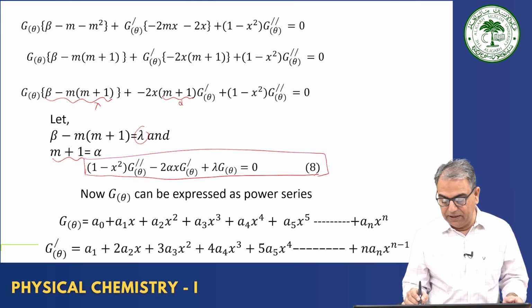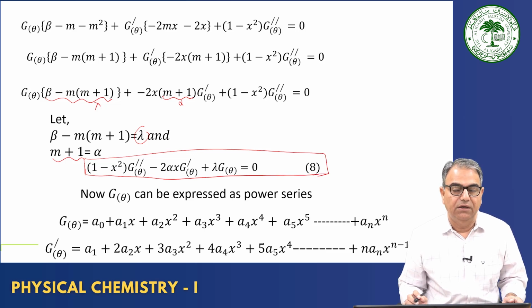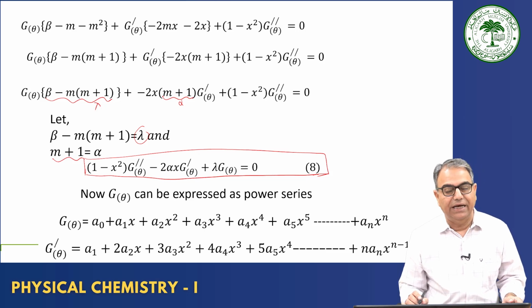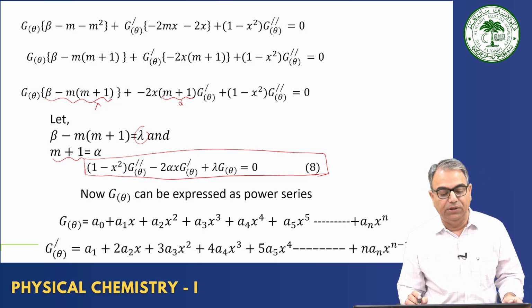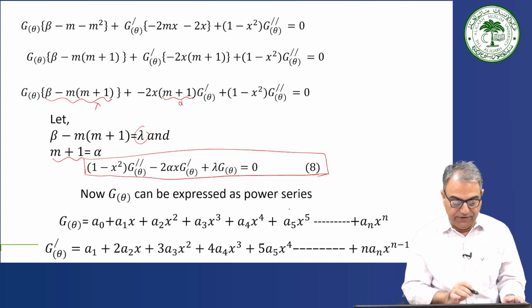and this equation number 8 is very similar to the equation which we obtained in the simple harmonic oscillator for the function f. So this g theta can be expressed in a power series as we did in the simple harmonic oscillator. So if you go for a power series, then again what do you write? Exactly in the same way we did earlier.